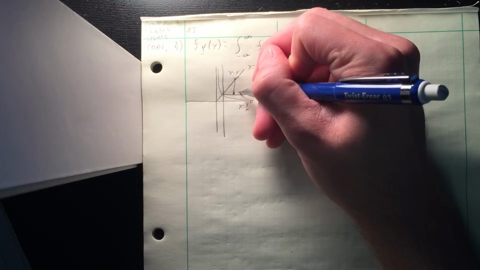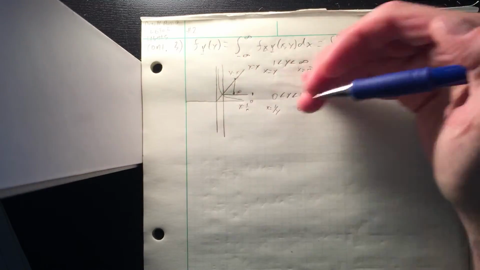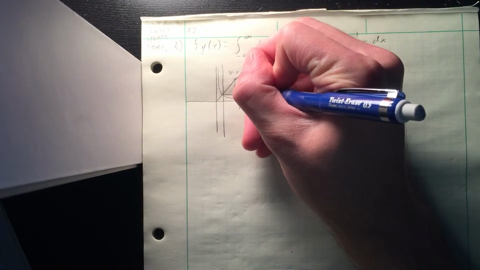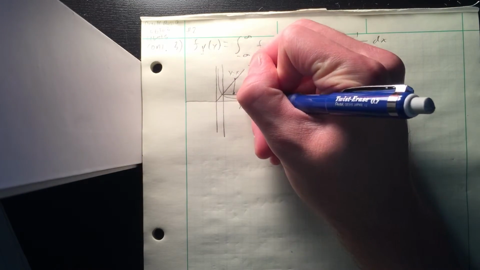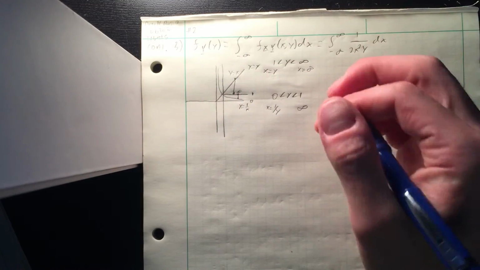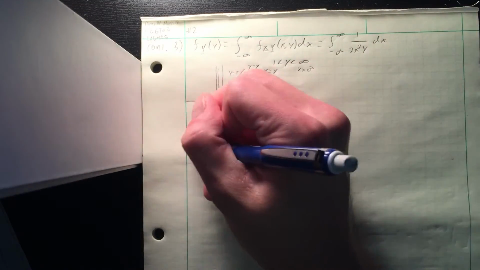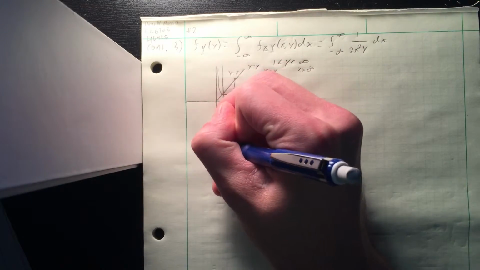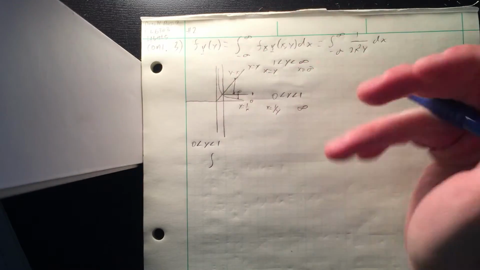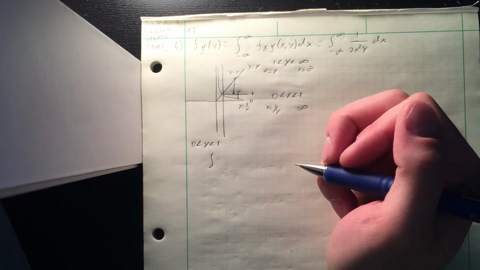This is x is equal to an ever-increasing y. And similarly, you have that y equals 1 over x, so x is equal to 1 over y to an infinity. So for 0 less than y less than 1, this is going to be a two-part marginal density function.